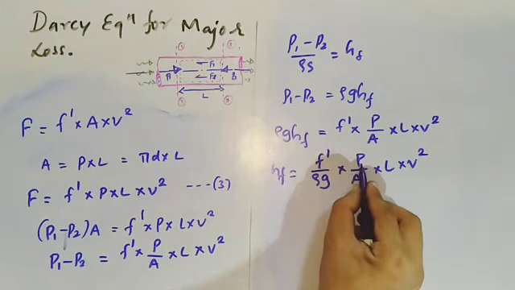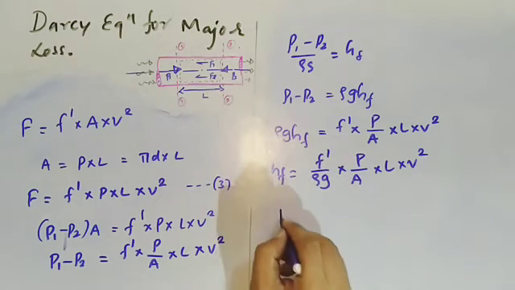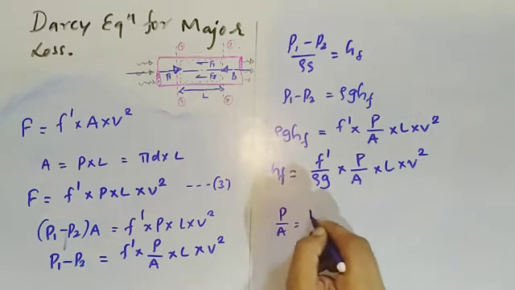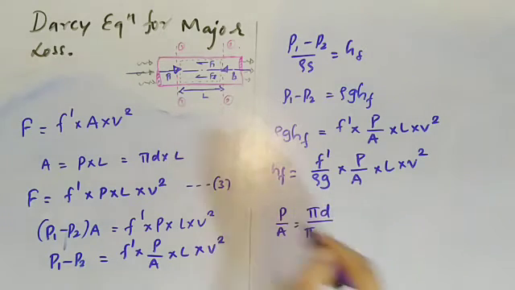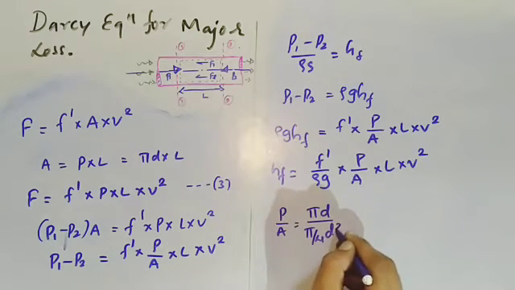Now P is the perimeter and A is the area. So I can simplify this one: perimeter is given by pi into D and area of a pipe is pi by 4 into D square.